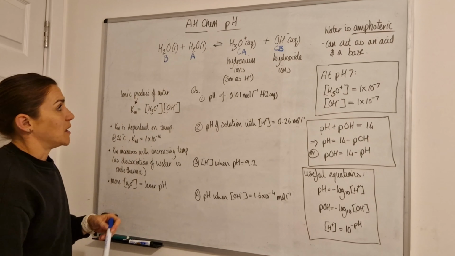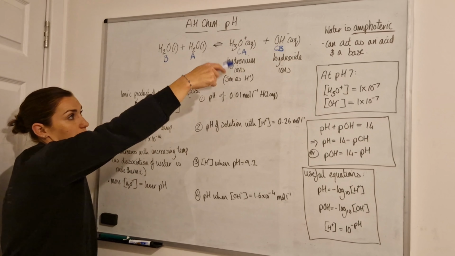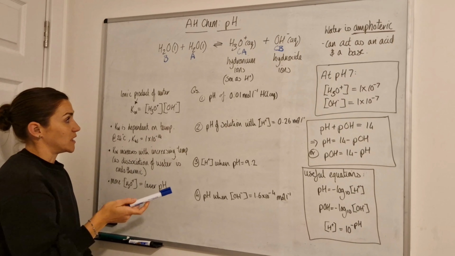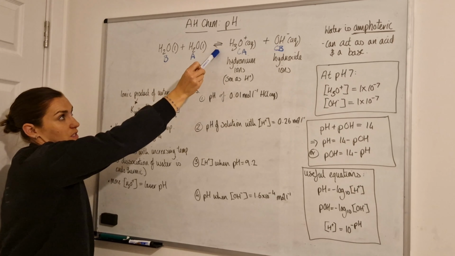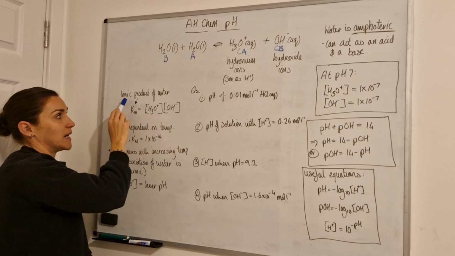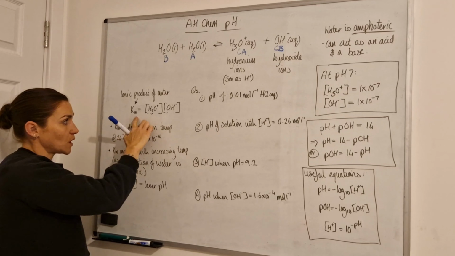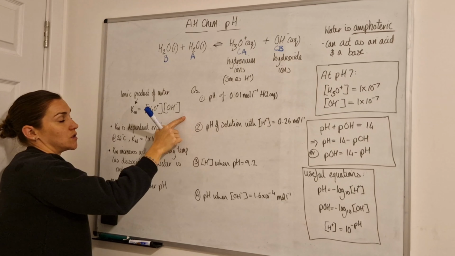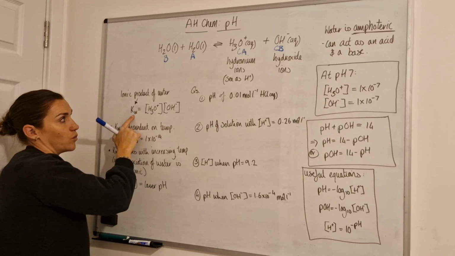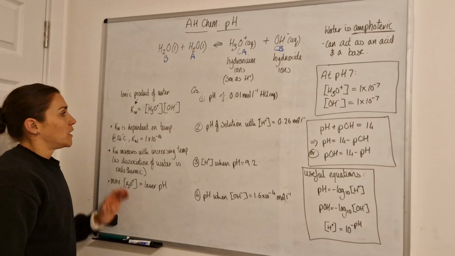Because water does dissociate and split up into these hydronium ions and hydroxide ions, we have this equilibrium, so we can write an equilibrium expression, which is the expression for the ionic product of water, or the dissociation of water.